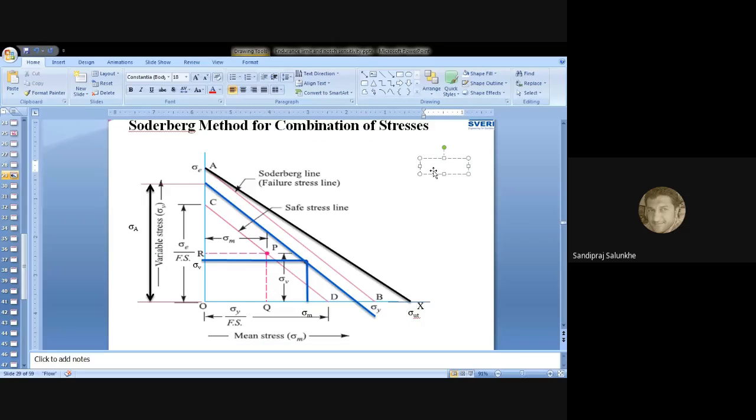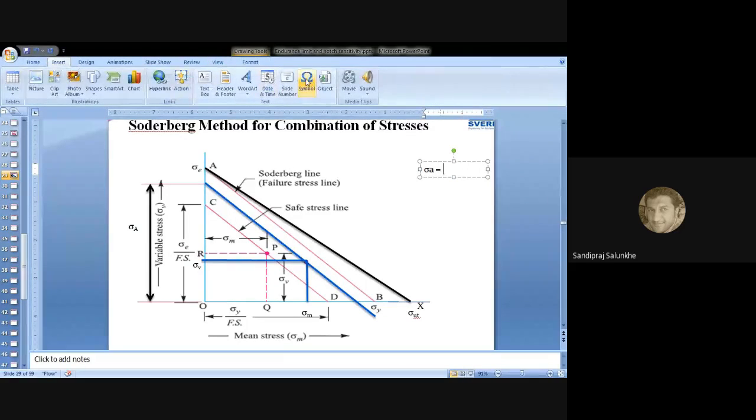We can write the equation that sigma A is equal to sigma E divided by factor of safety.